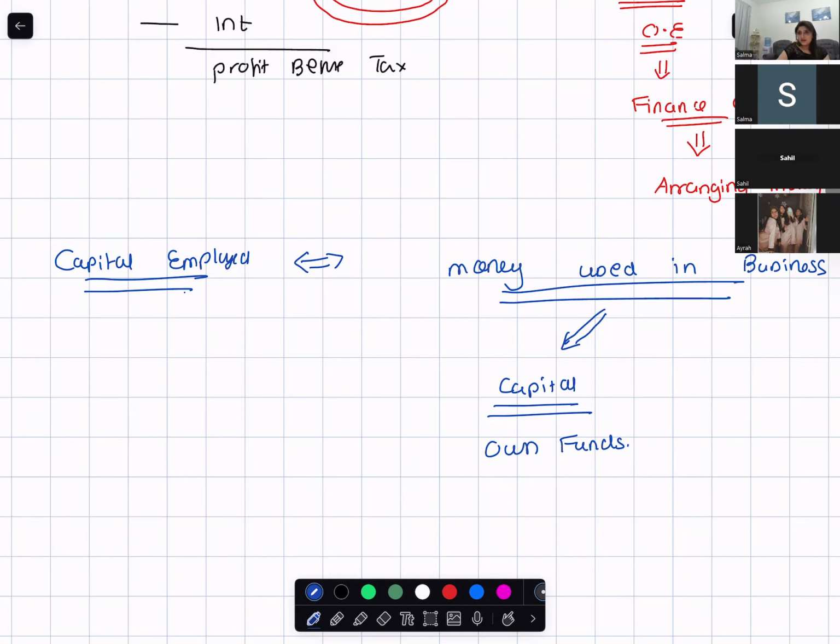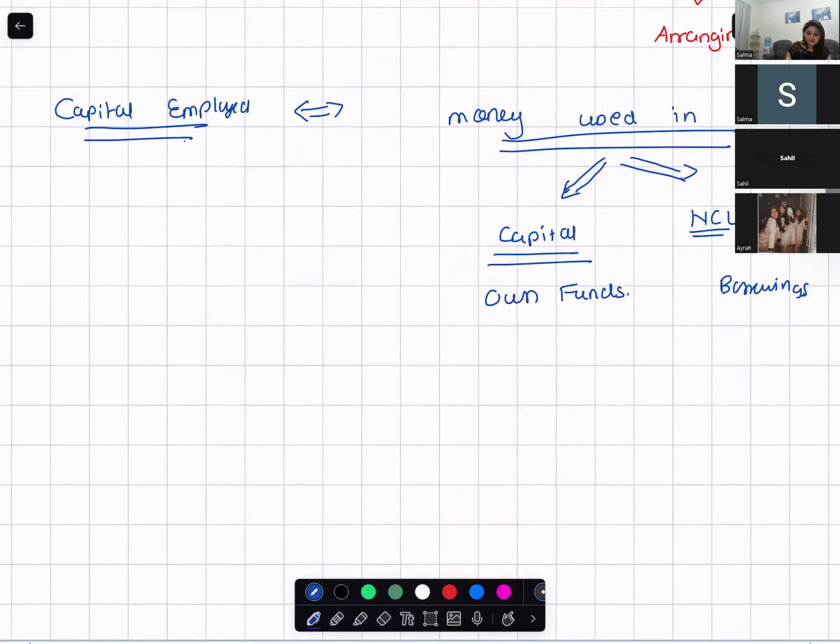Apart from owned funds, what other funds can you use in the business? Shareholders' funds and bank loans. Yes. That means you can use your own funds in your business, or you can use the money from borrowings. Talking about borrowings, what does it mean? Bank loans, non-current liability.